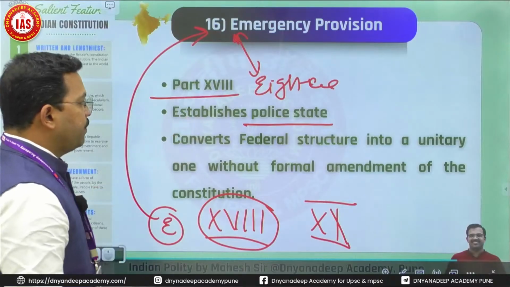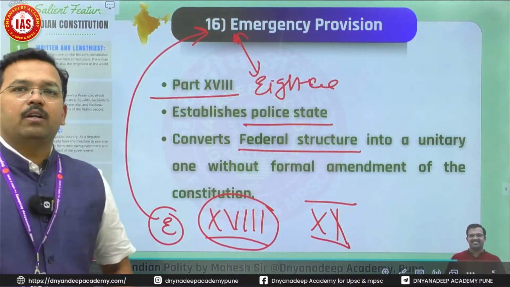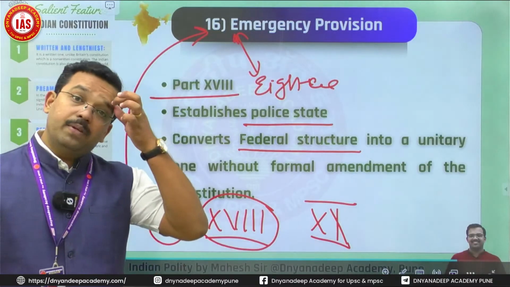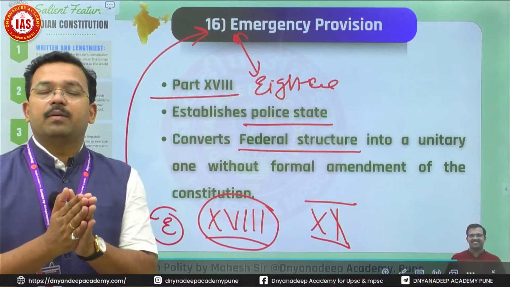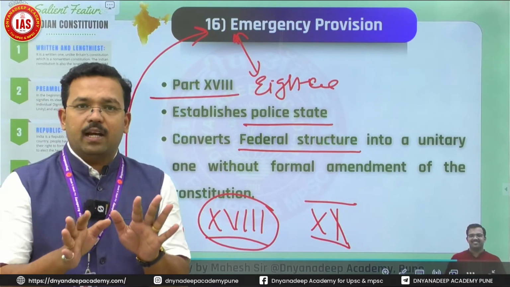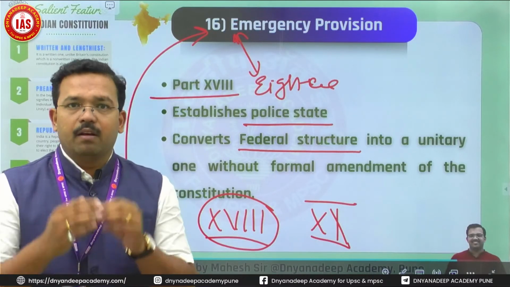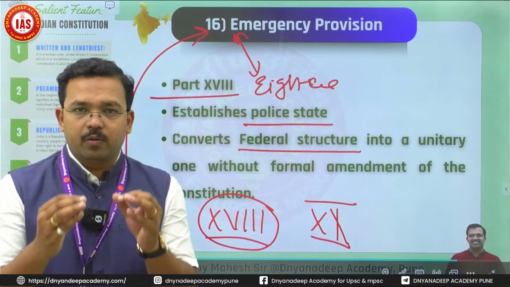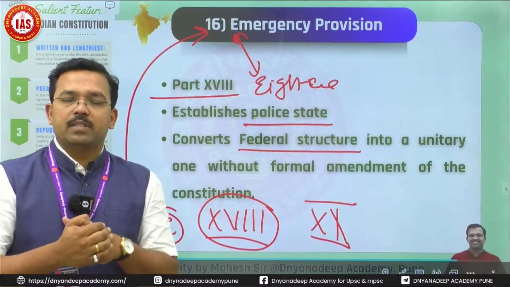It converts the federal structure into a unitary one without formal amendment of the constitution. इसका मतलब ये है कि जब हम इमरजेंसी प्रोविजंस लगाएंगे तो स्टेट का सारा पावर सेंट्रल गवर्नमेंट के हाथ में चला जाता है.